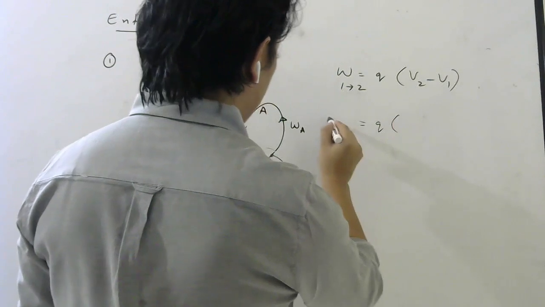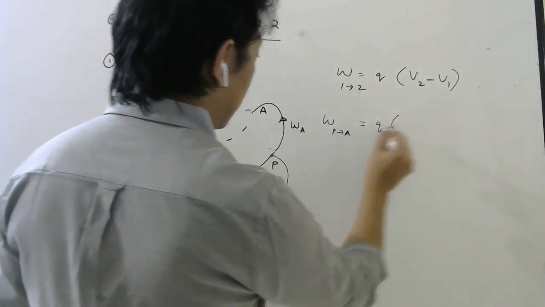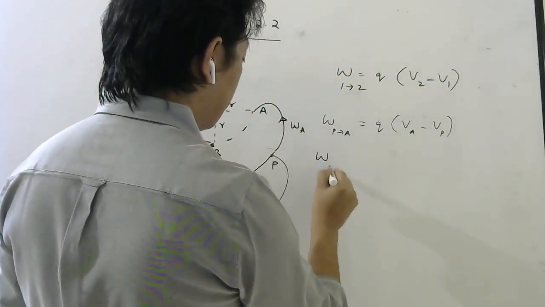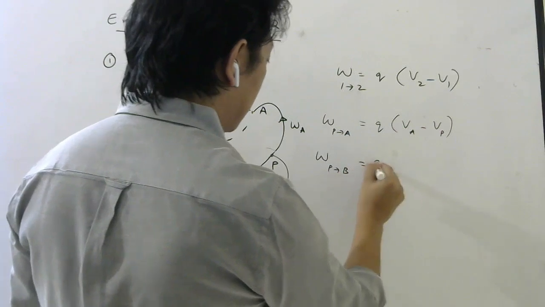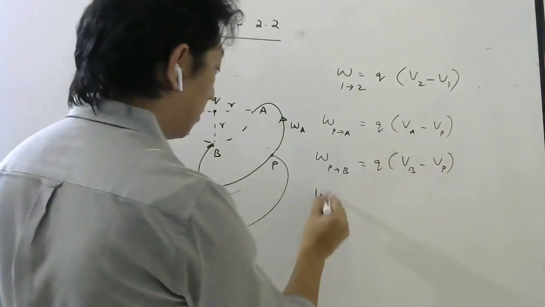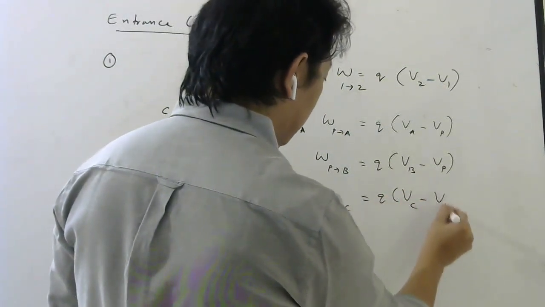So from P to A, how will you write? Q into VA minus VP. Similarly from P to B, how will you write? Q into VB minus VP. Then from P to C, how will you write? Q into VC minus VP.